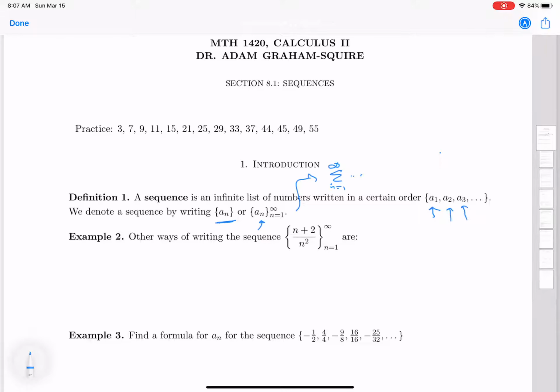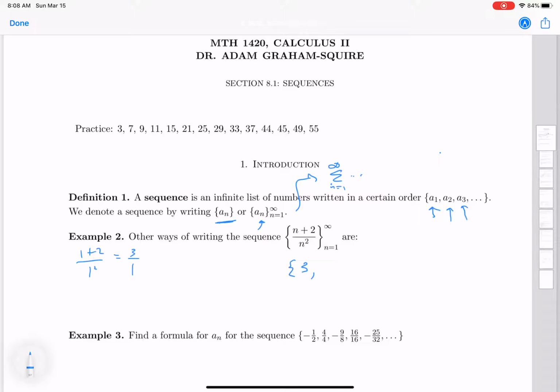So if you're given a sequence like this, sometimes you're given it in terms of numbers, sometimes you're given it in terms of a formula. The idea is that you're just plugging in, in this case, n equals 1, so that would be 1 plus 2 over 1 squared, 3 over 1. So your first entry would be 3.